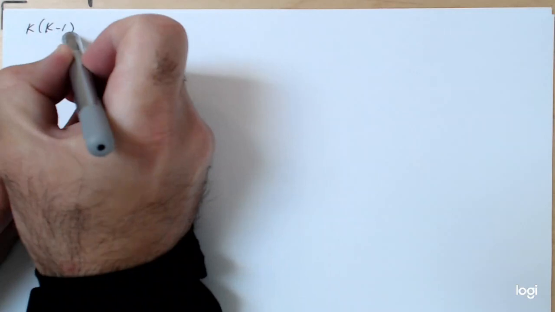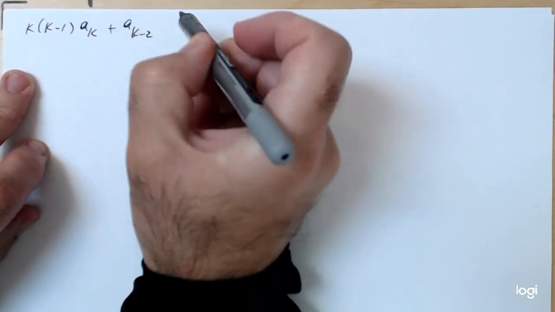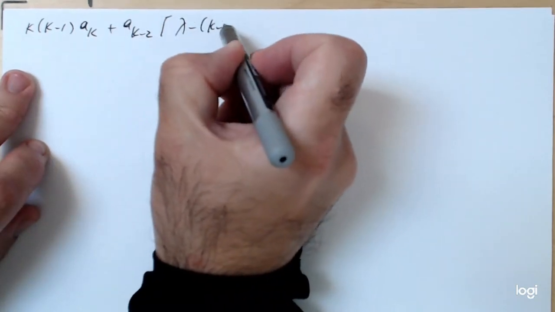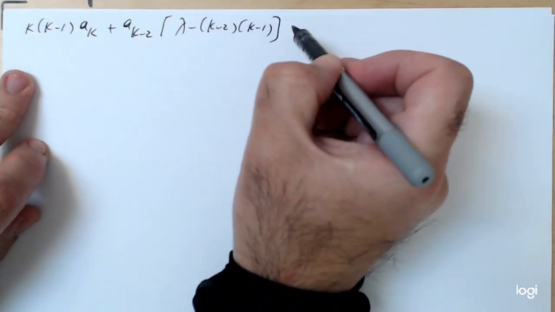Okay, so k times (k minus 1) a_k plus a_{k-2} parenthesis (k minus 1), this should be equal to 0.